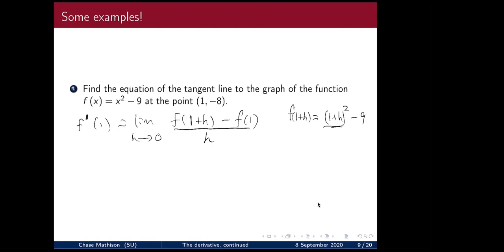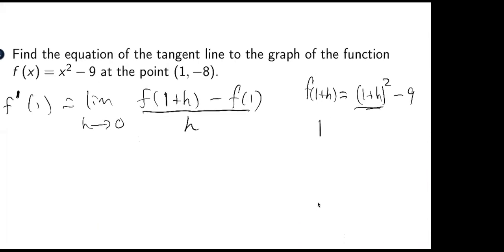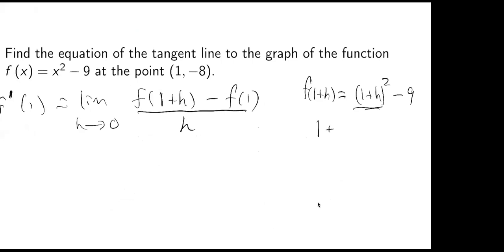Again, to do this, you have to FOIL it. On homework 1, I saw some troubles with this. So you need to FOIL this or memorize what it looks like. But this is 1, really 1 squared, plus 2h plus h squared, and then minus 9. Right? Any questions how I got that for f of 1 plus h?